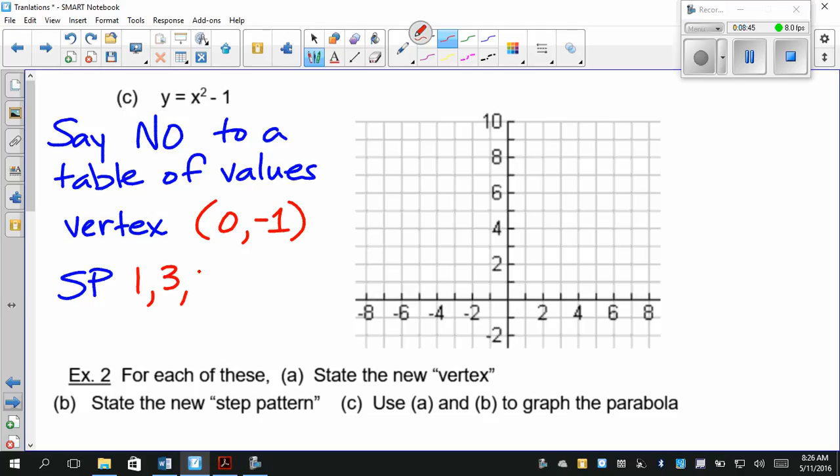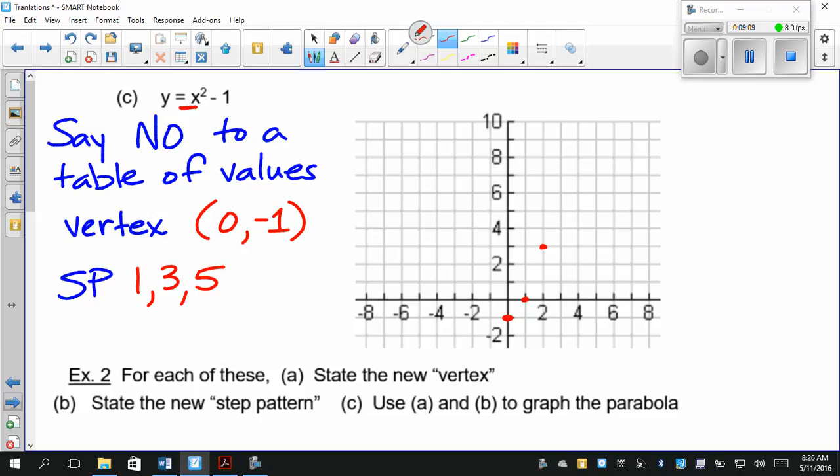There's no number multiplying out in front of the x squared, so it's the same old step pattern that we're used to. So to graph this one, I go to 0, negative 1. Here's my vertex. And then I'm going to count my step pattern from there. Over 1, up 1, over 1, up 3, over 1, up 1, 2, 3, 4, 5.